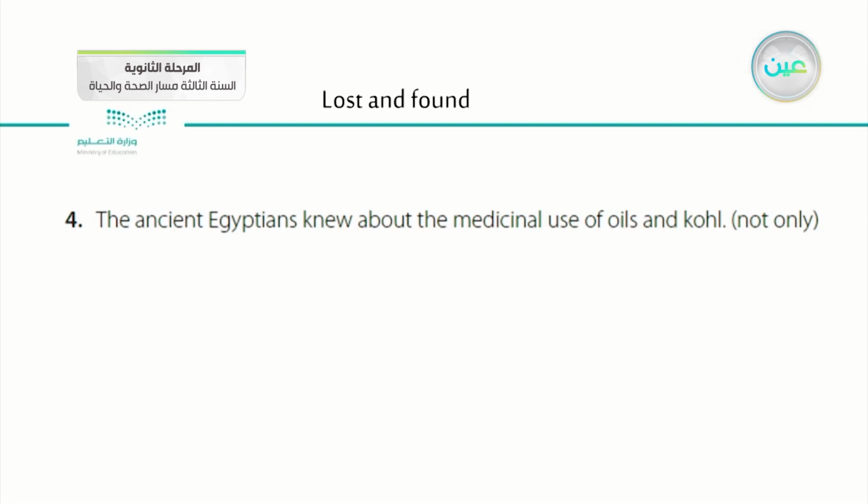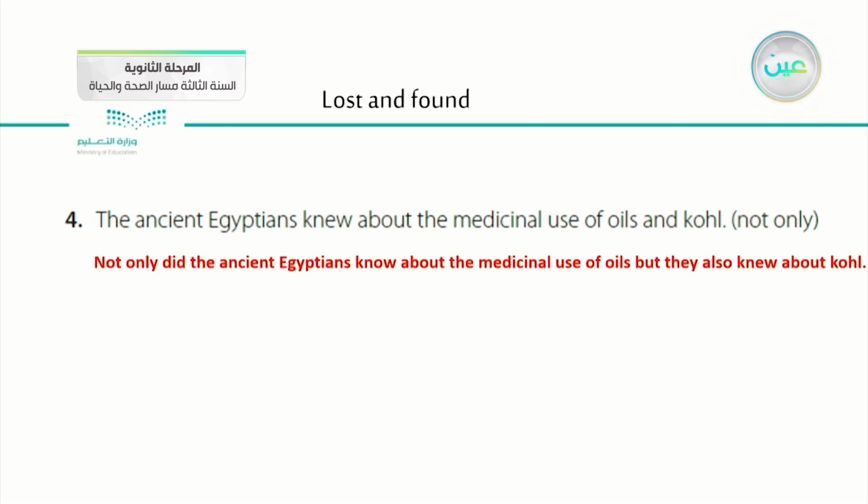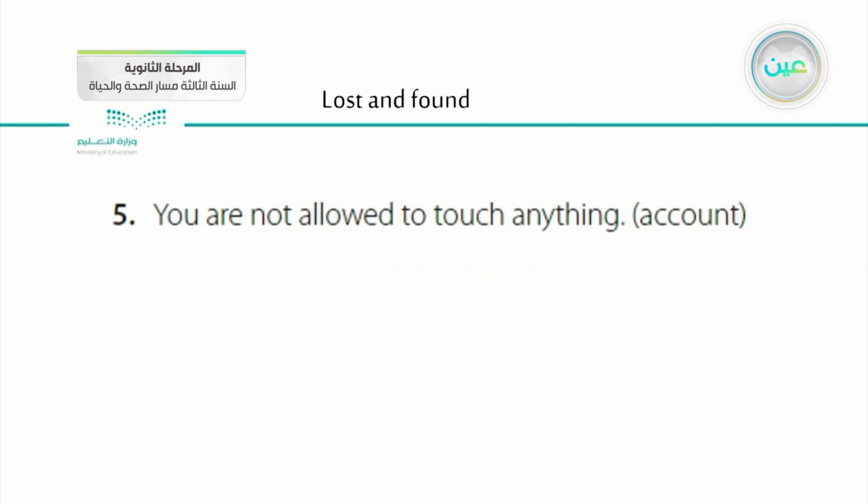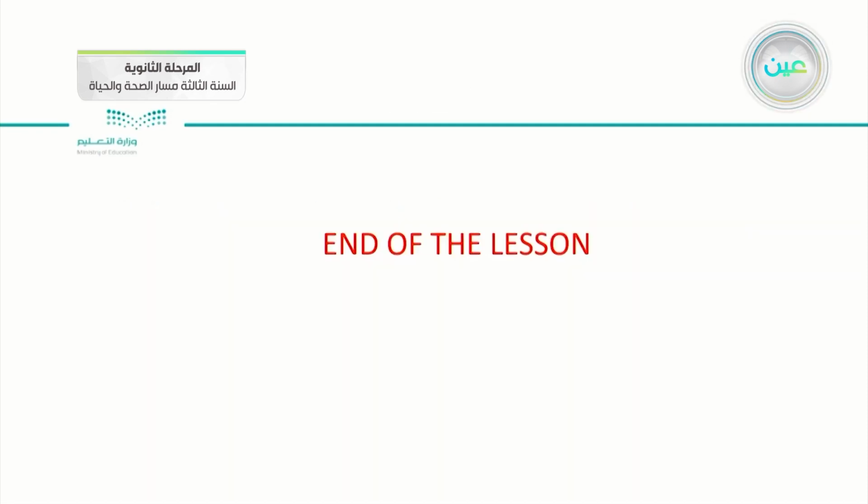Number four, the ancient Egyptians knew about the medicinal use of oils and coal. Not only did the ancient Egyptians know about the medicinal use of oils, but they also knew about coal. Number five, you're not allowed to touch anything. So, on no account must you touch anything.